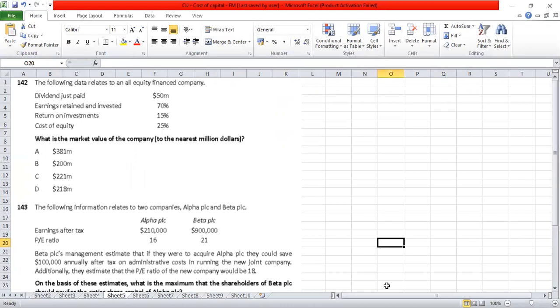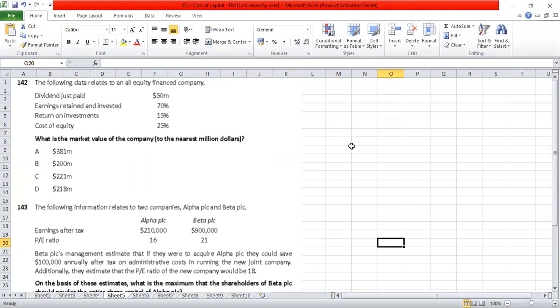Question number 142. The following data relates to an all equity financed company. Dividend just paid, earnings retained and invested, return on investments, cost of equity 25%. What is the market value of the company, to the nearest $1 million?